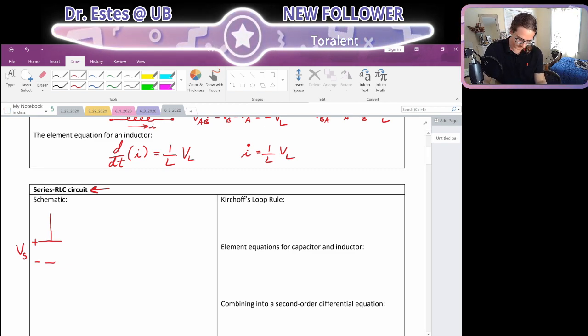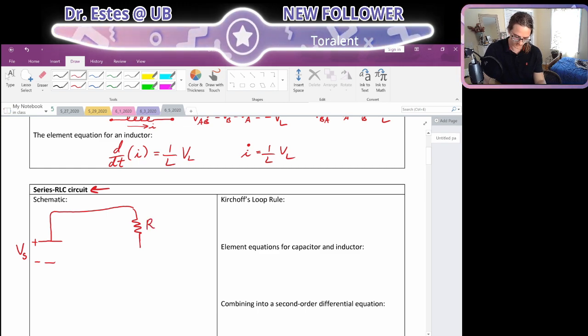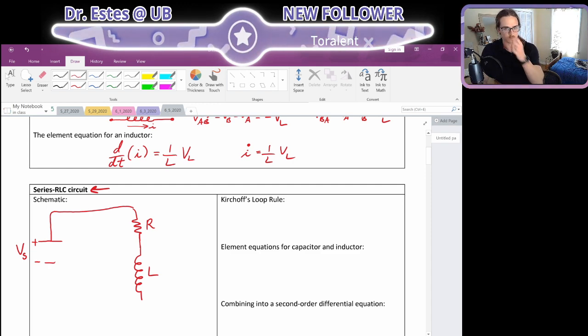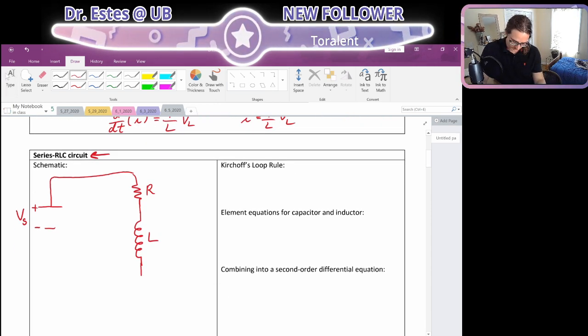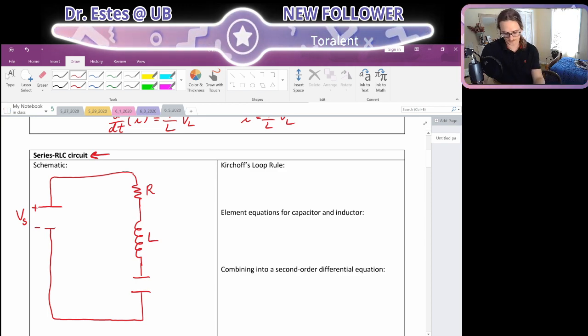Then we're going to run this through a resistor, R, and connect that in series to an inductor. So it's just that coiled up wire. And that's next going to go to our capacitor. And then we just bring this back around to complete the circuit. So that's C for the capacitor.